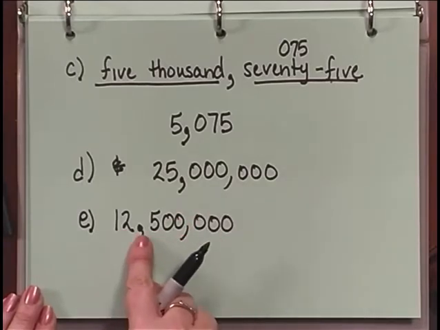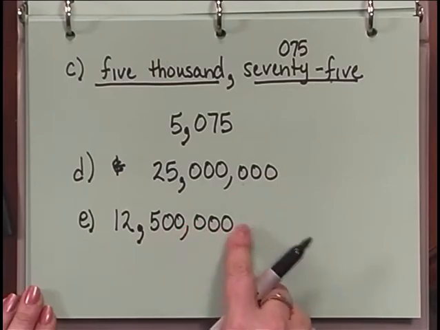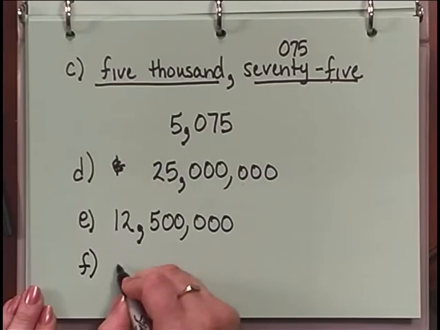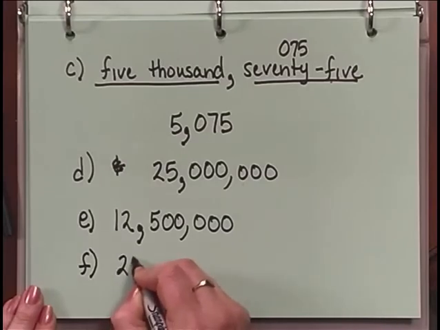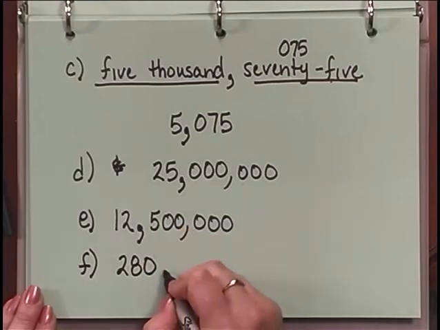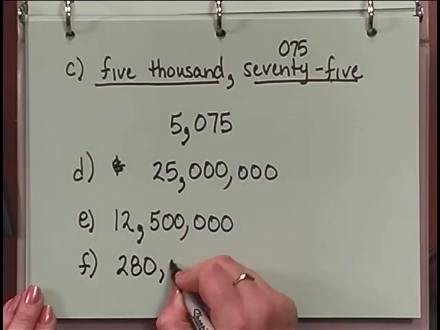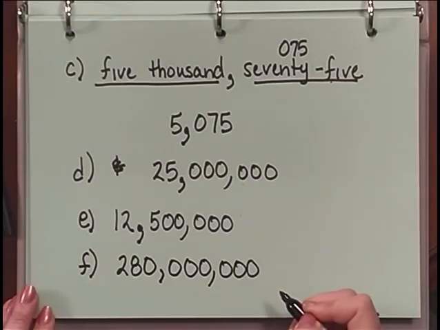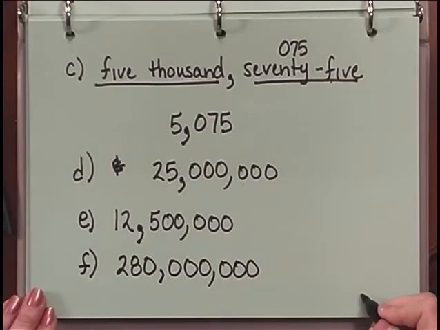So this is 12,500,000. And then for problem F, it says 280 million. So if we just wrote 280, this is what we would have. In order to make that 280 million, we have to add 6 zeros. So that's 280 million.